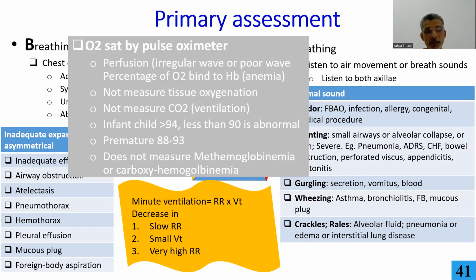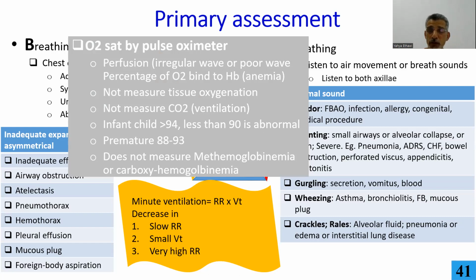One of the ways we assess breathing is by oxygen saturation, by pulse oximetry. Remember, oxygen saturation measures the oxygen attached to the hemoglobin. It measures the oxyhemoglobin. It is the same principle of the oxygen curve that we learned when I was in medical school.